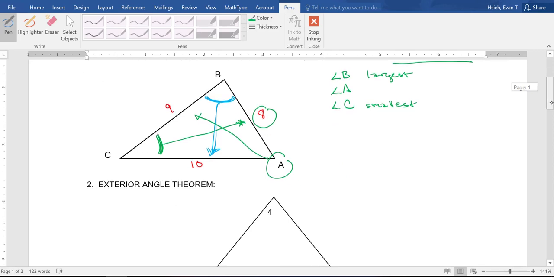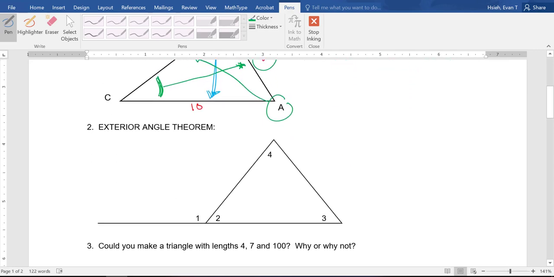Okay, next concept is something called the exterior angle theorem. For a triangle, there are exterior angles. By simply extending one of the sides of the triangle, that becomes an exterior angle. And so angle 1 here plus angle 2, we know, form a straight angle, so it's going to be 180 degrees.